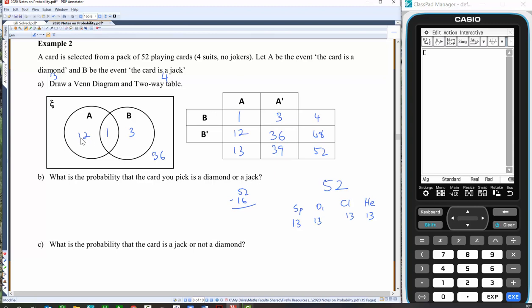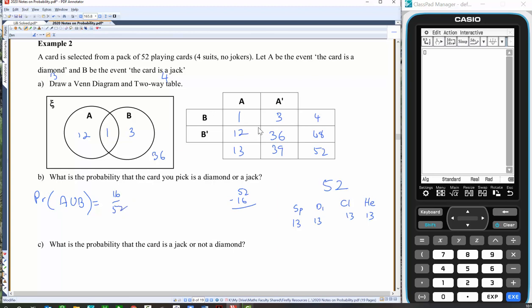So diamond or a jack is going to be either, so we've got the probability of diamond or jack. It's A or B, diamond or jack, which is going to be those ones there, which is 13 plus 3, 16 out of 52.